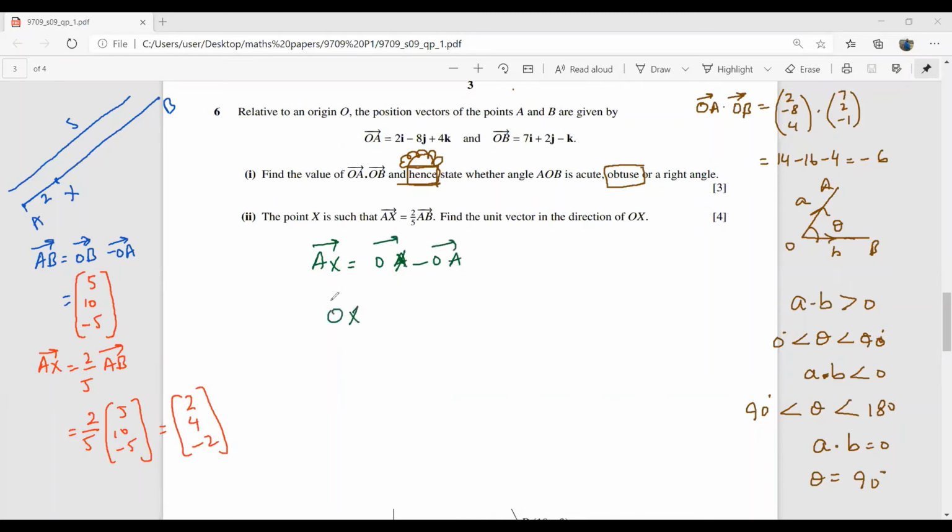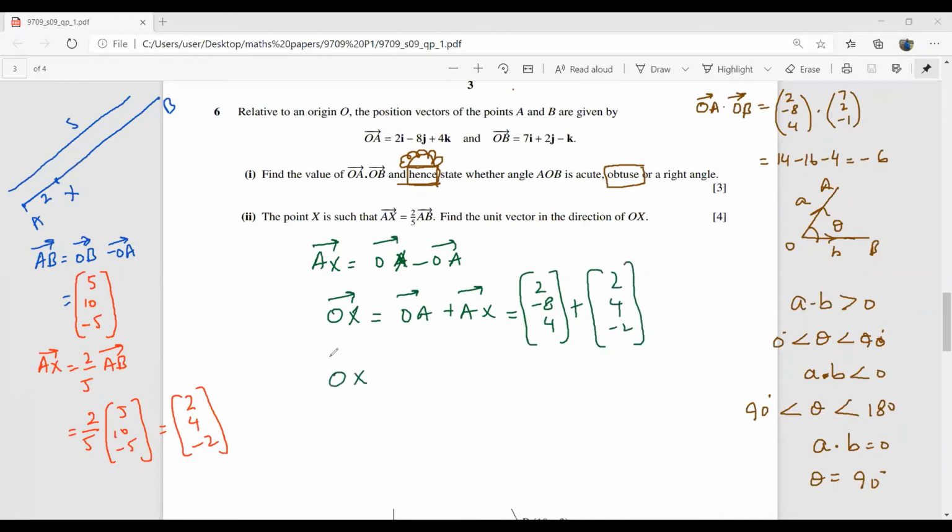So your OX is OA plus AX, which is going to be OA is 2, minus 8, 4, plus AX is 2, 4, minus 2. So this OX is going to be 4, minus 4 and 2.